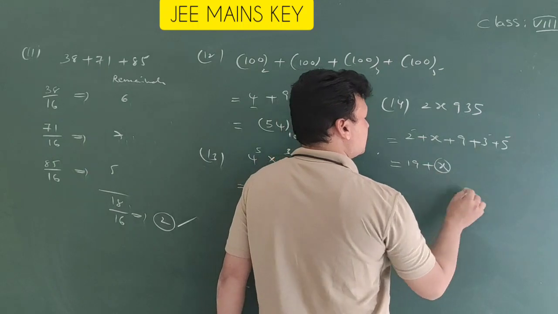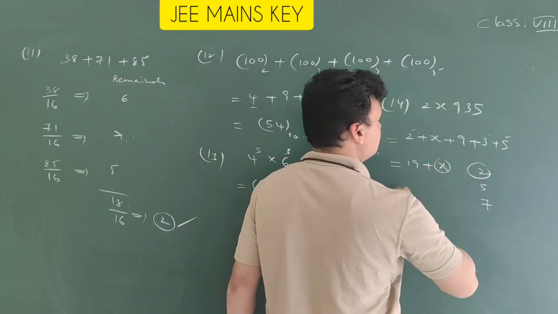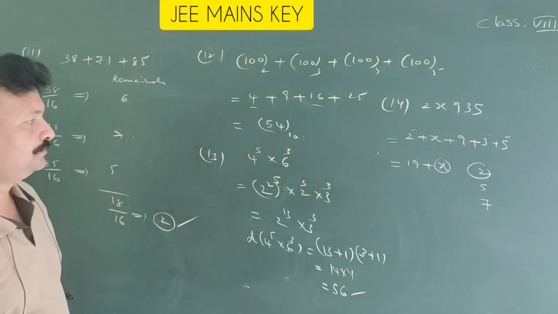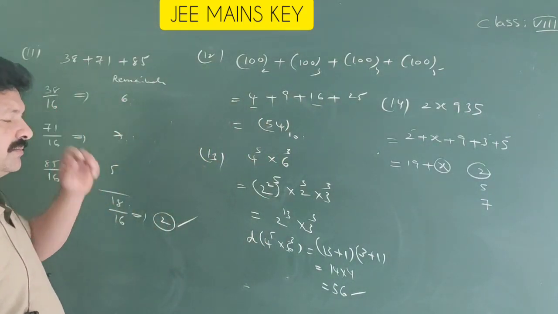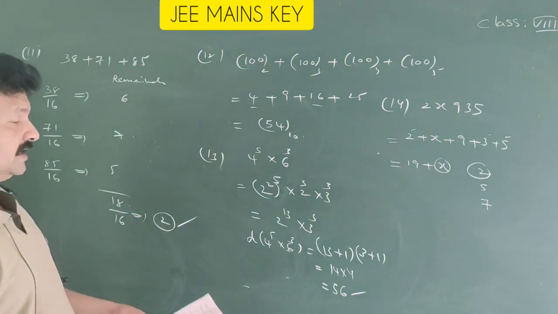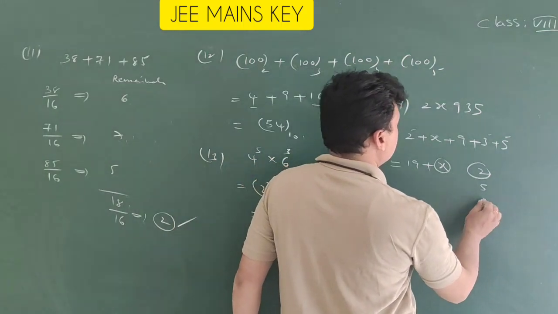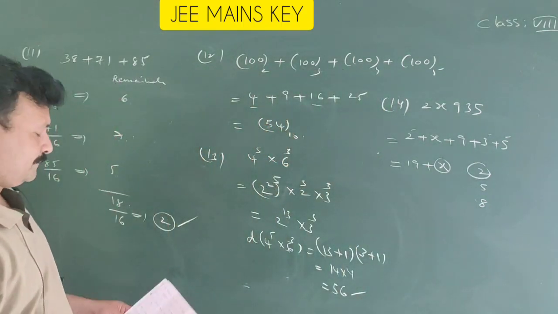So instead of x we have 2, 5, 8, but they are asking the smallest, that is 2. So 19 plus 2 is 21, divisible by 3; 19 plus 5 is 24, divisible by 3; 19 plus 8 is 27, also divisible by 3.